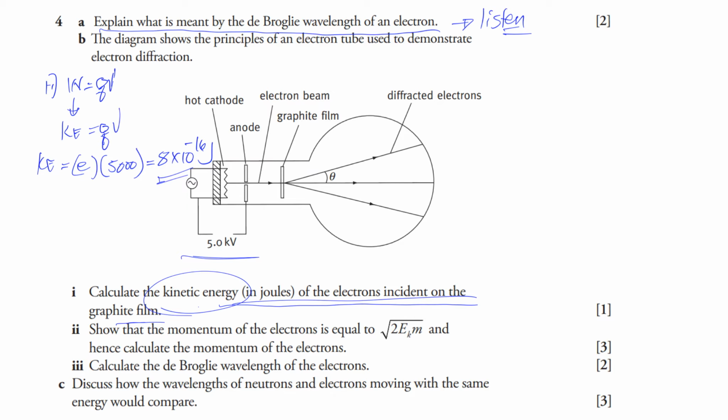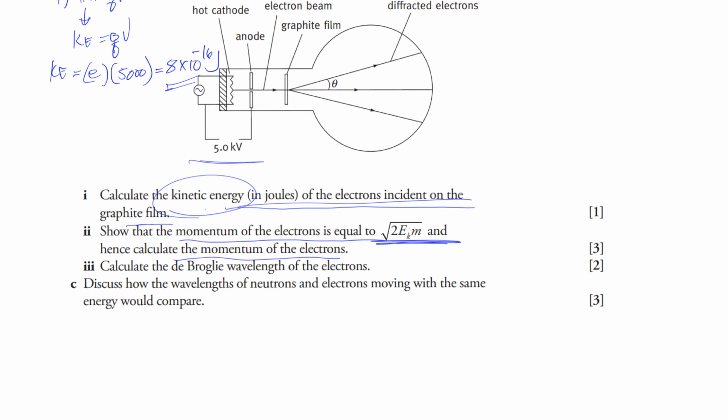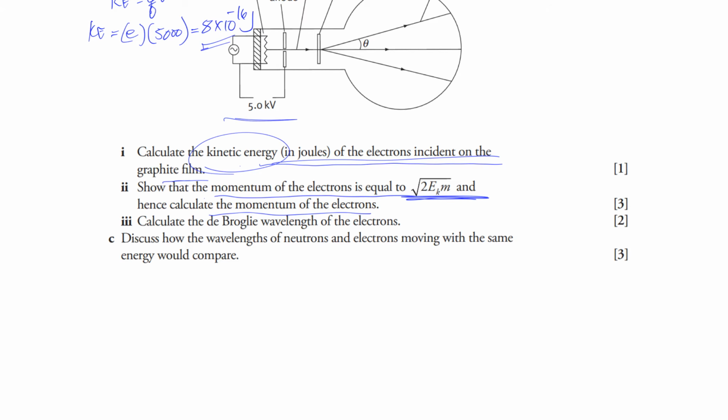Right. Now, let's go to 2. Show that the momentum of the electron is given by this equation here. Hence, calculate the momentum of the electron. Okay. So, let me show that. Kinetic energy is equal to mv squared over 2. Crisscross, that will become 2 times kinetic energy equals mv squared.